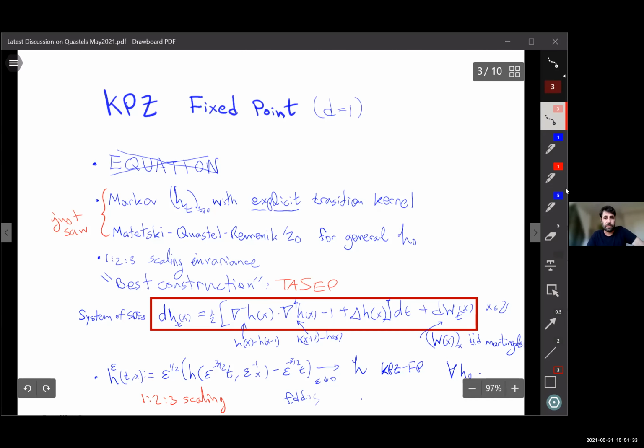There is a certain semi-continuous equation for TASEP, if you think about it in terms of the height function, but I don't have time to explain. Anyway, the 1, 2, 3 scaling is exactly this one. And what they proved in that paper is that this converges to the KPZ fixed point, and from there you can actually compute transition probabilities, all finite dimensional distributions.